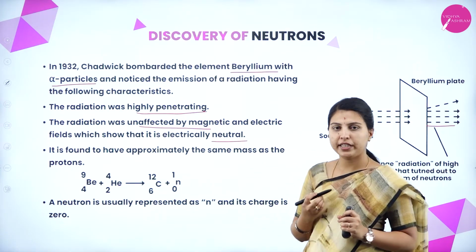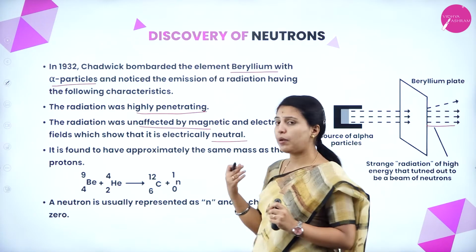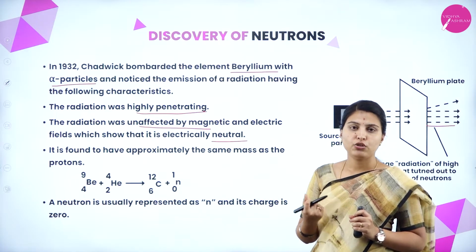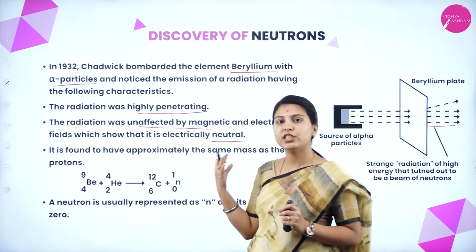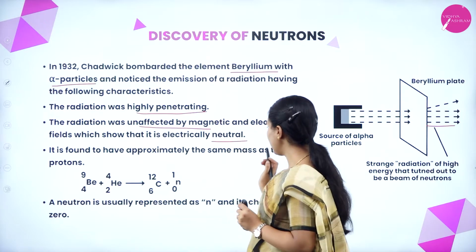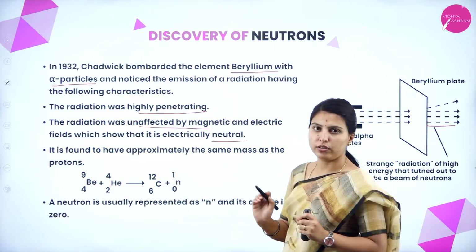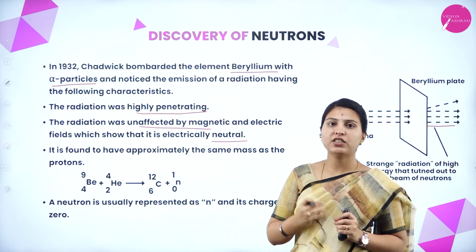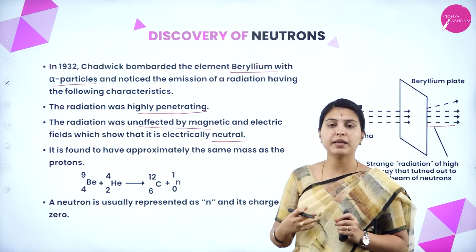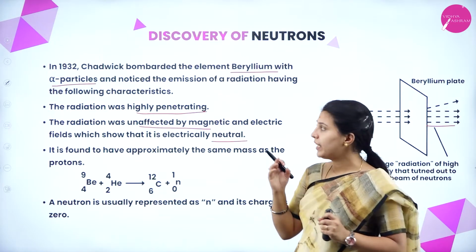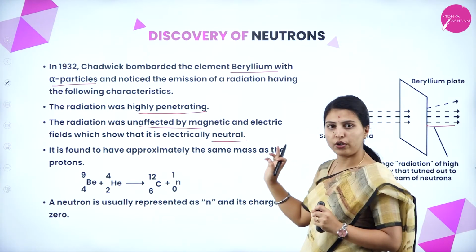It was completely unaffected by electrical or magnetic fields, so it showed that it is completely neutral in nature. It is found to have approximately the same mass as the proton. Rutherford had also predicted that the mass of protons alone could not account for the mass of an atom, so he told that there is a presence of neutron.